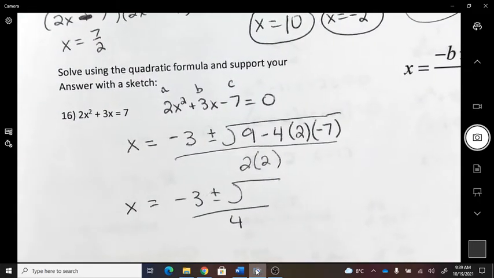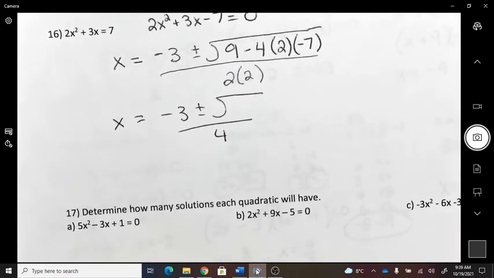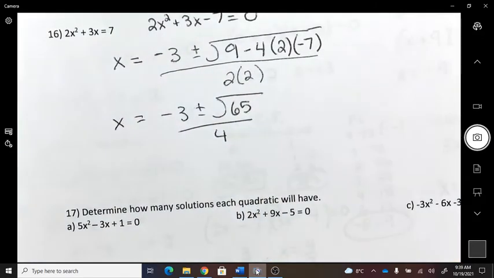Okay, so the bottom I'm going to put as a 4, and I'm going into my calculator, and I'm going to get that value there. 65? Anybody matching? Okay. What do you already know for how many solutions there will be? There's going to be 2 solutions on this because 65 is a positive value.